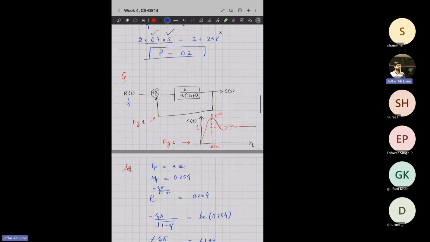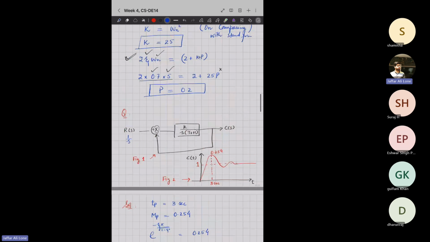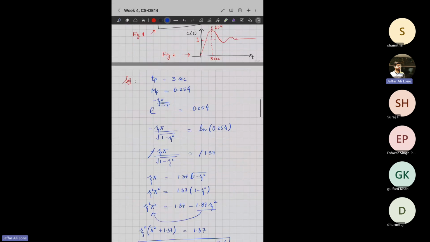I hope you have got the basic idea, at least how we have to solve such questions. Just a recap. You're given a control system where it's being said in the question that the response of this control system is given in this figure. Now, from the figure, you have to identify what is given. So in the figure you found, okay, my peak time is given, and at the same time, my overshoot is given. From this, you found out the values of zeta and omega n, because that's all you need.